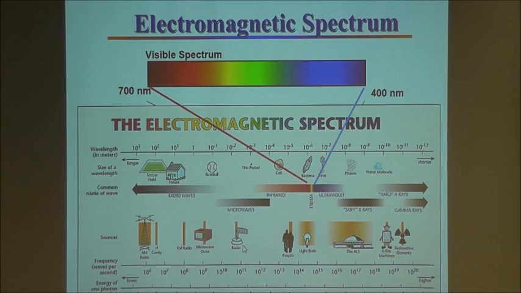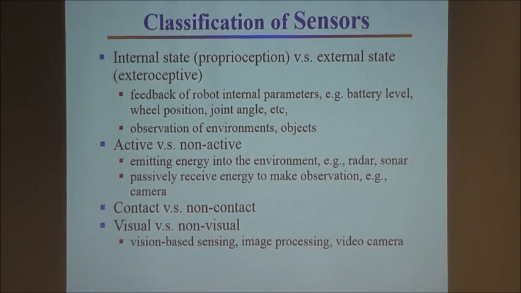In the electromagnetic spectrum, you can see here a large spectrum of different frequencies and wavelengths and the amount of energy in terms of photon electron volts. So I let you review and look at it later. Classification of sensors.